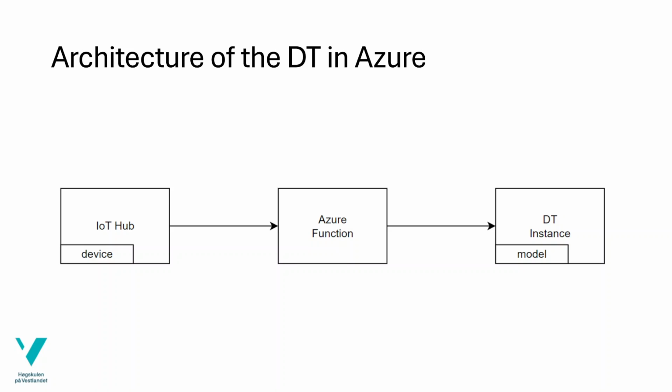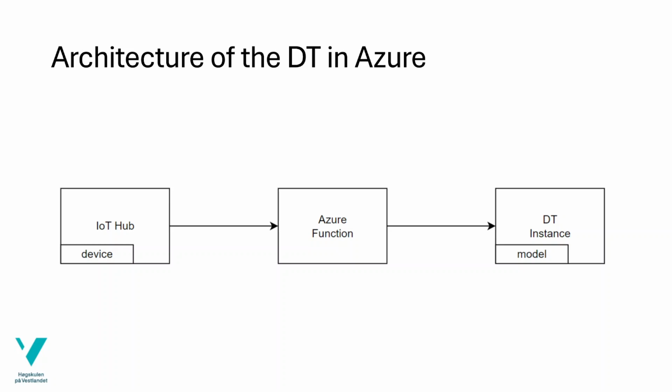It begins leftmost with the IoT hub component, so the Internet of Things hub, which is effectively the data ingestion part of the DT. This holds all of your registered devices or representations of devices in the real world, which then basically act as metadata providers for when the IoT hub further sends messages or other data to the Azure function.